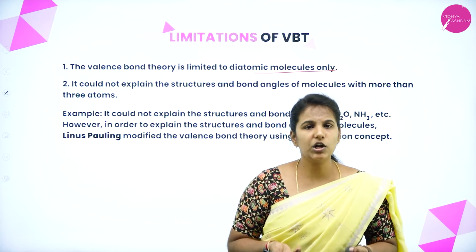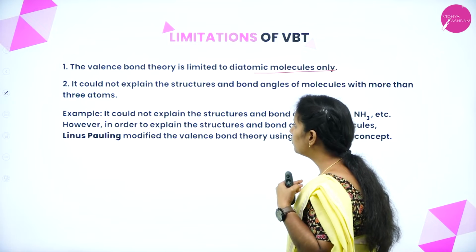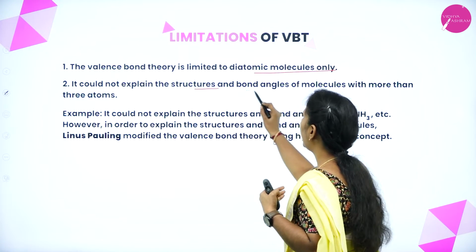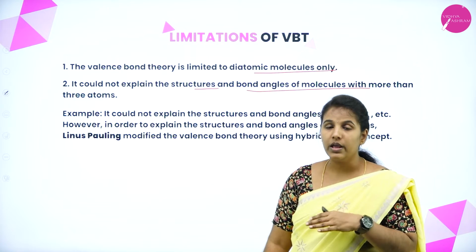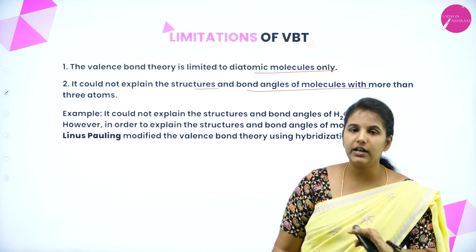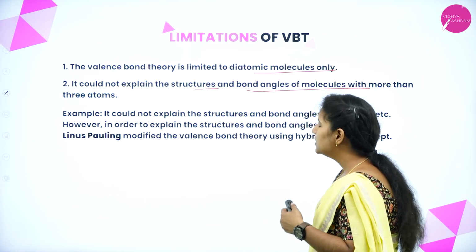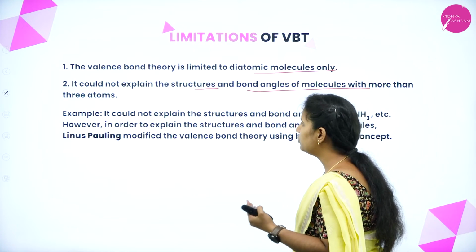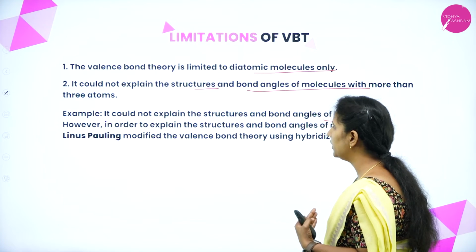But for triatomic molecules, it cannot explain. It could not explain the structure and bond angles of molecules with more than 3 atoms. For example, it could not explain the structure and the bond angle of water and ammonia.